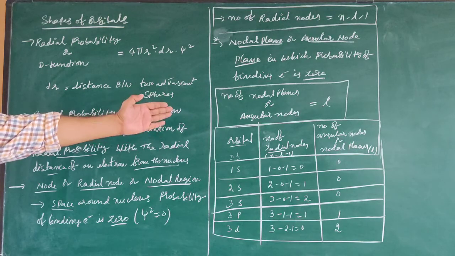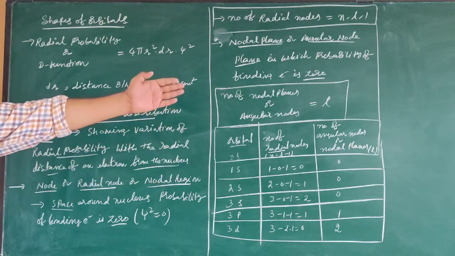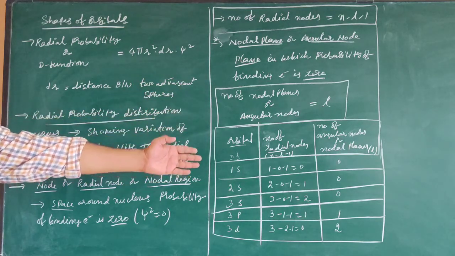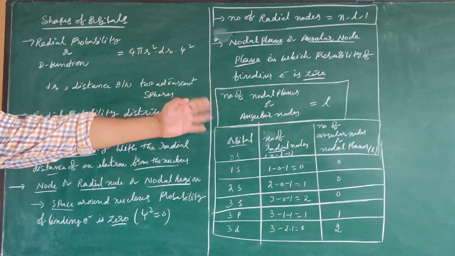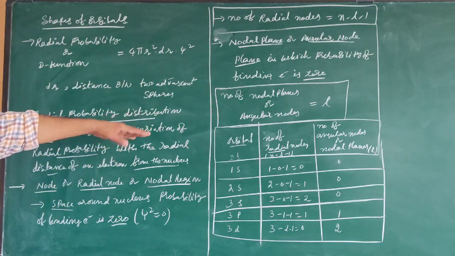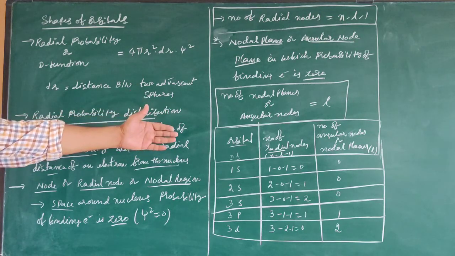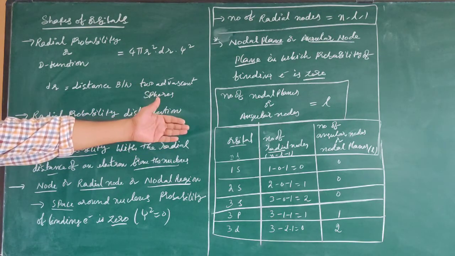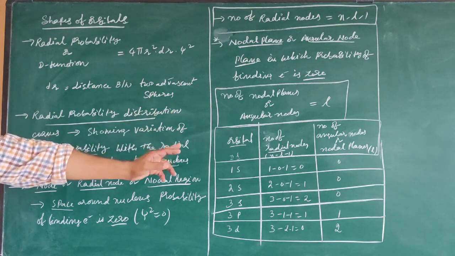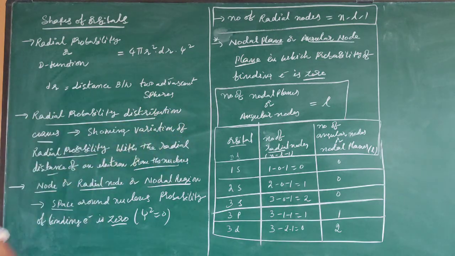Now let's consider different orbitals and calculate the number of radial nodes and angular nodes. For the 1s orbital, the number of radial nodes is n minus L minus 1, so 1 minus 0 minus 1 is equal to 0.